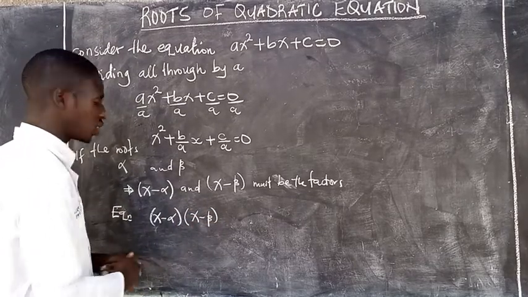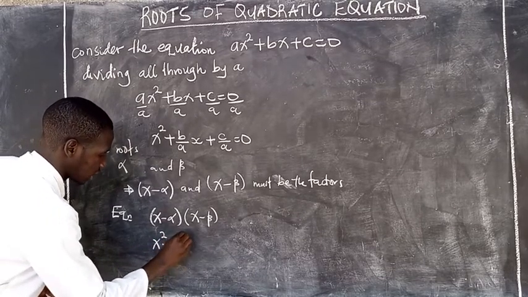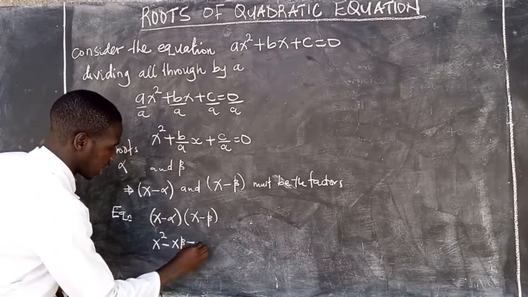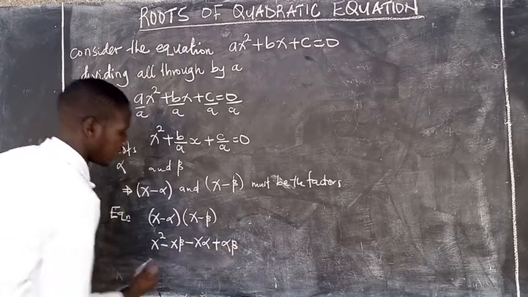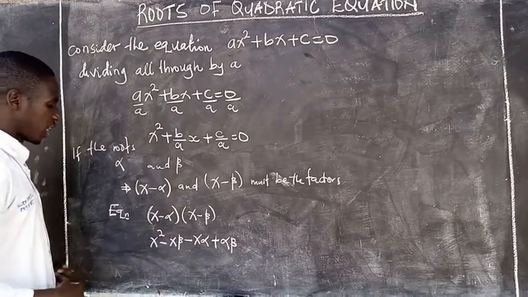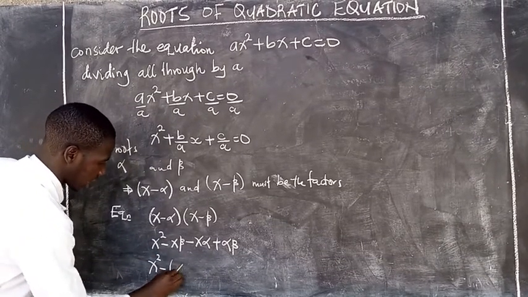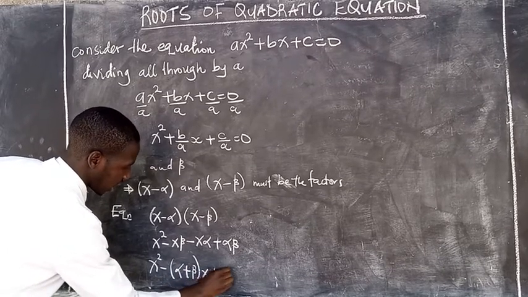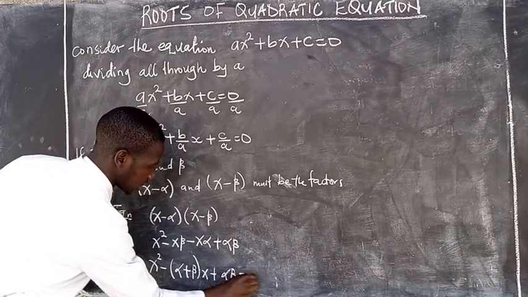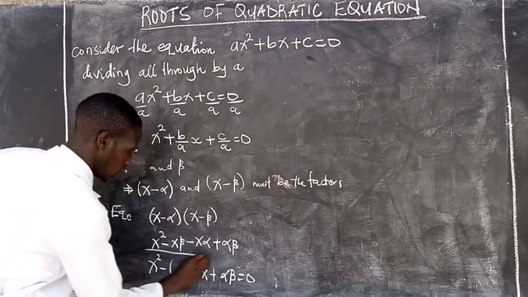So when I expand this, what do I get? I get x squared minus x beta minus x alpha plus alpha beta. So from here, I can write this as x squared minus, in brackets, alpha plus beta, x plus alpha beta equals 0.